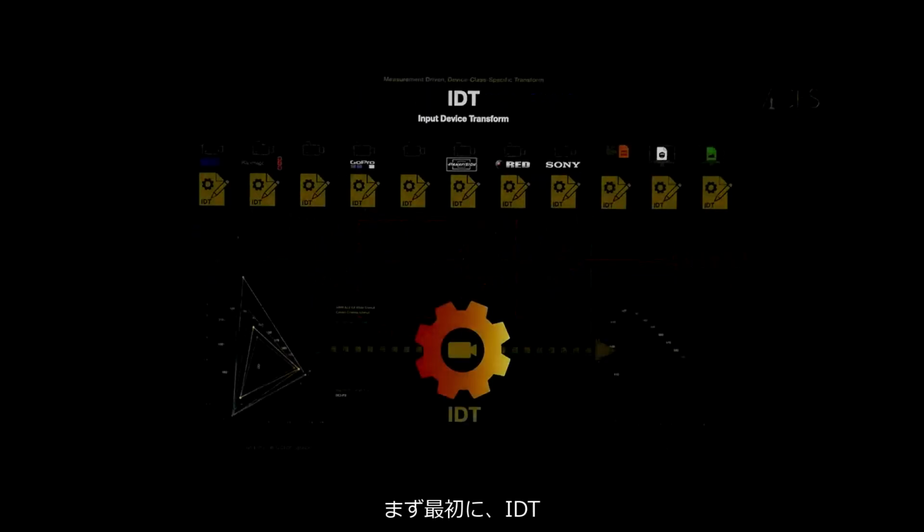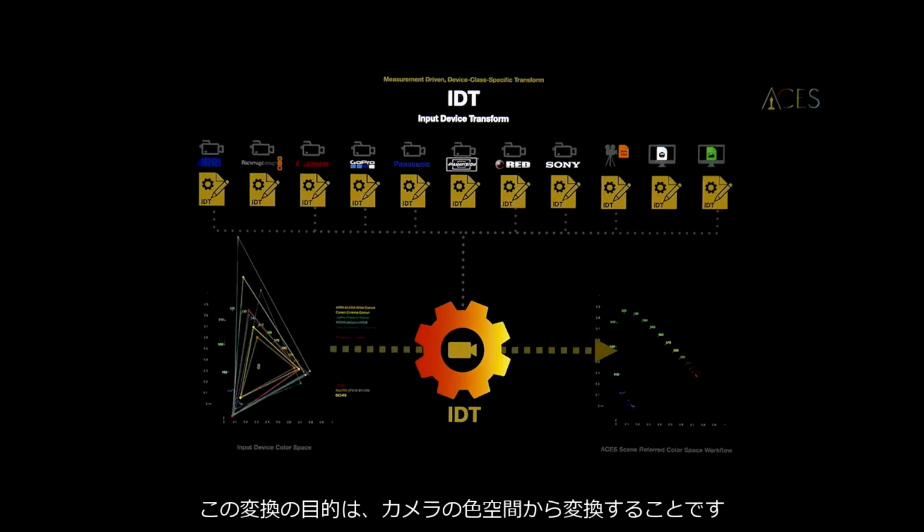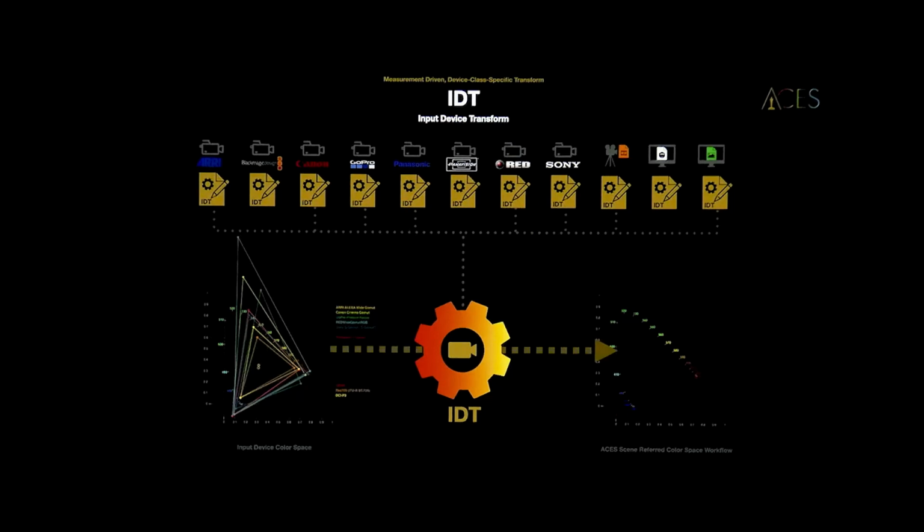So the first one is the IDT, the Input Device Transform. The T at the end is always transform, so it's really easy. The purpose of this transformation is to take you from the camera color space and get it into the ACES.